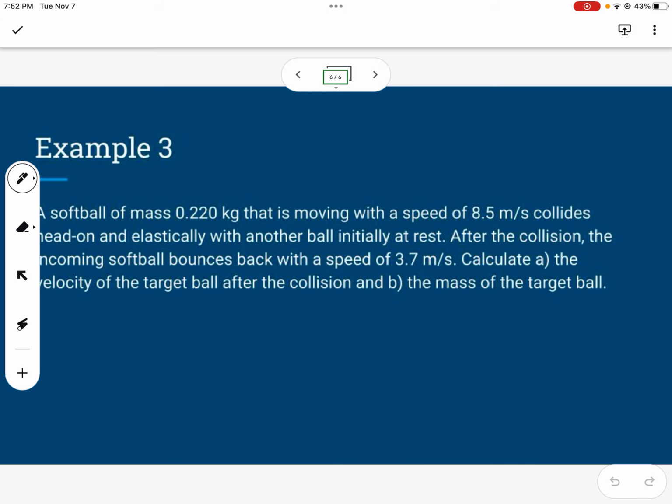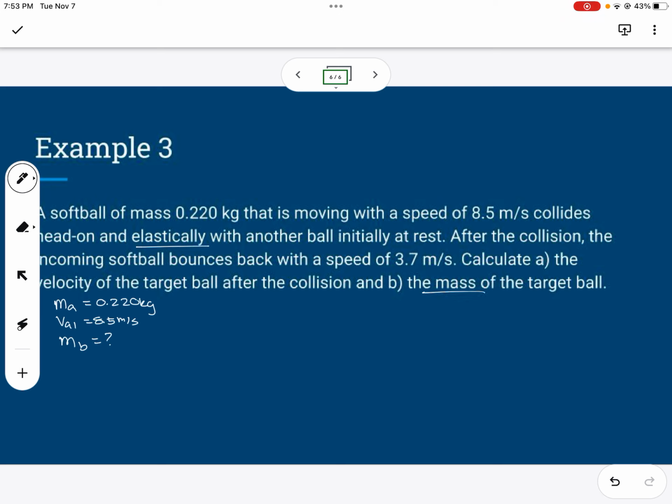One final example, folks. We have a softball. The mass of the softball is 0.220 kilograms. It's moving with a speed, VA1, of 8.5 meters per second. It collides head-on and elastically, so I know it's going to bounce apart with another ball. Could we assume the mass of the other ball? I don't know.